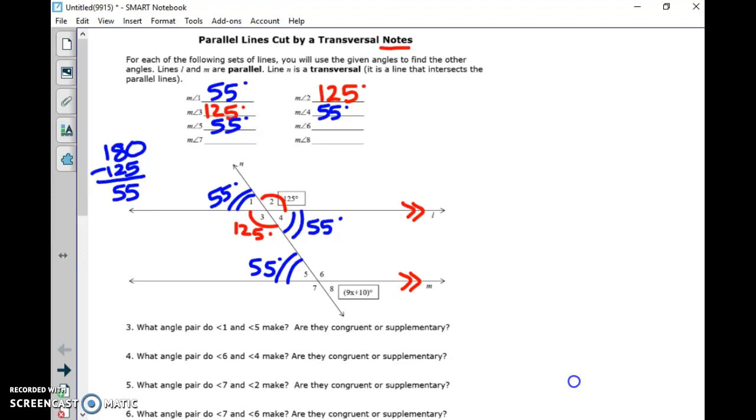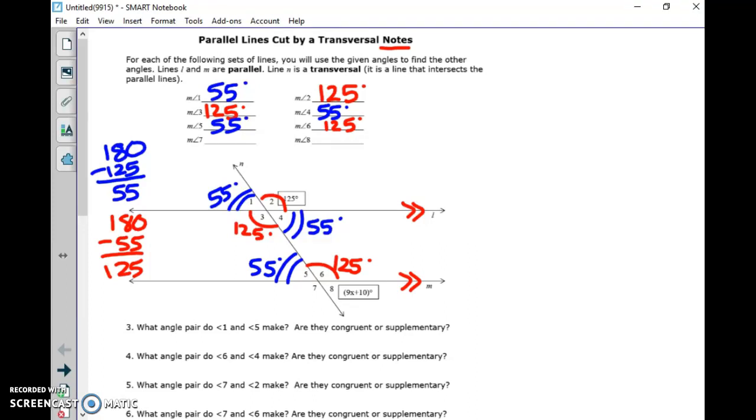And let's remember angle 6 and angle 5 make a straight line. They're a linear pair. So angle 6, if we do 180 minus 55, it's kind of like working backwards from what we did earlier. We should get 125 degrees. So angle 6 is 125 degrees. Put that up here at the top.